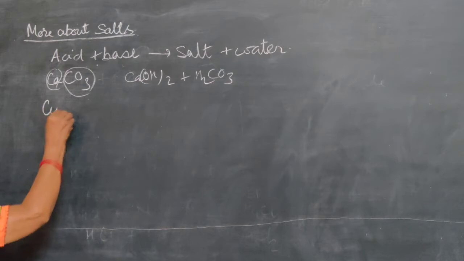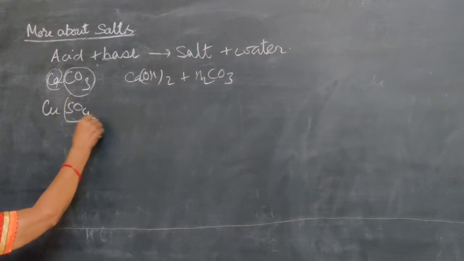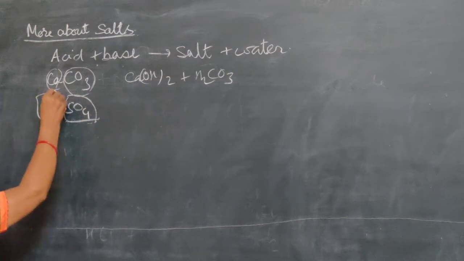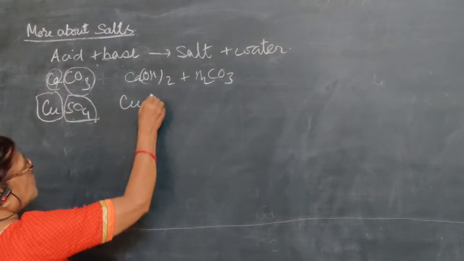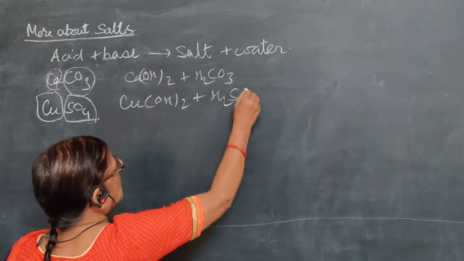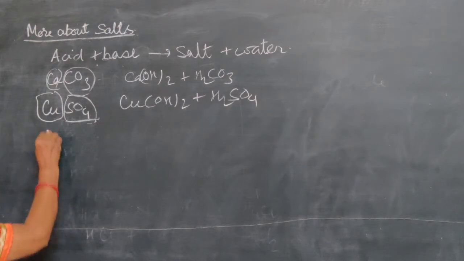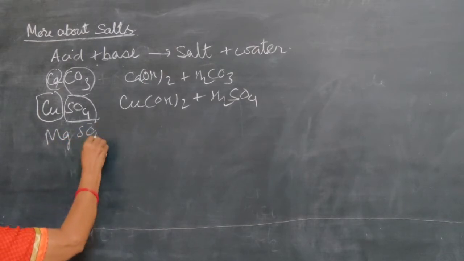Then we can write copper sulfate. Now you can see a sulfate ion is here, so this is the part of the acid and this is the part of the base. This is copper hydroxide and the acid will be H2SO4. So we can identify from which acid and base the salt is formed. Then we can write magnesium sulfate, MgSO4.